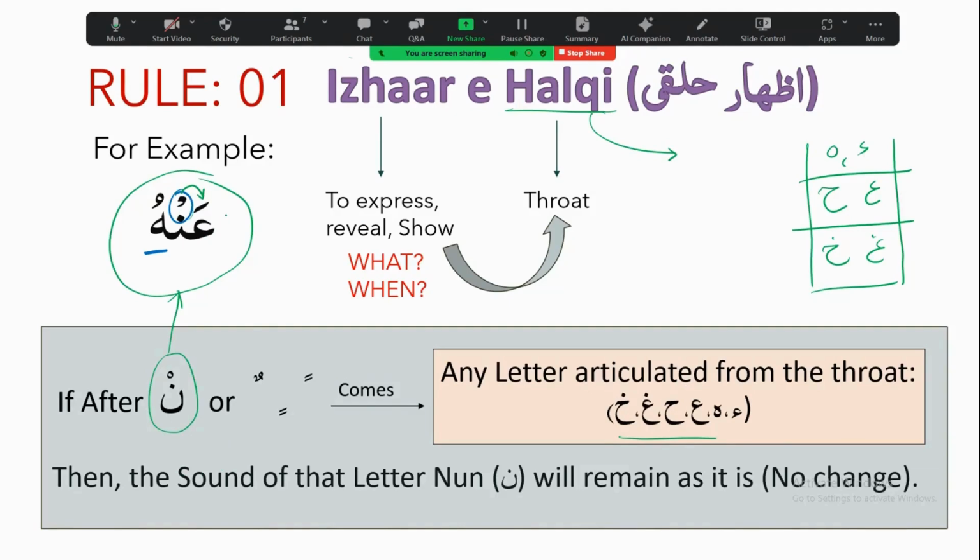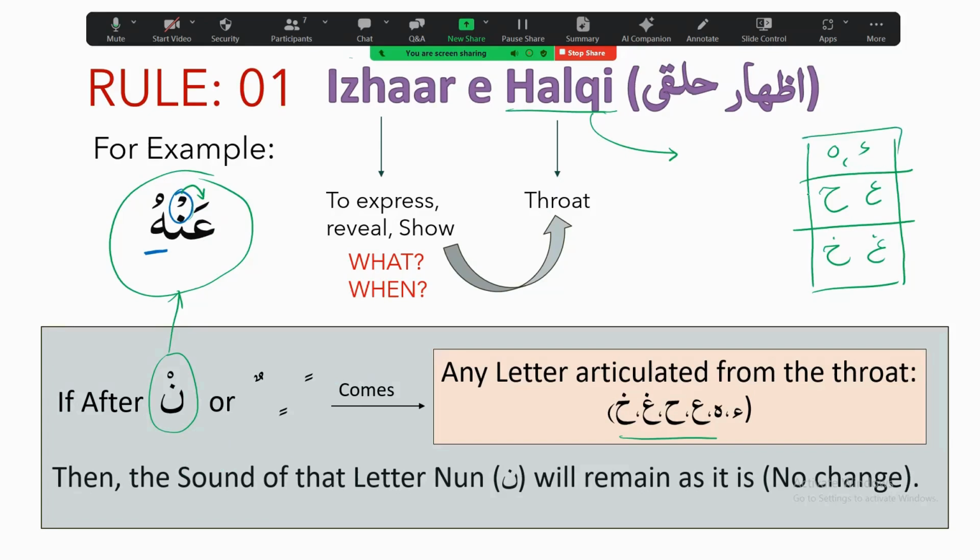And that is why I said this rule is very easy, inshallah. Why? Because for this rule, what you can do, sisters, is just memorize these 6 letters of the throat, which are Hamza, Ha, Ain, Ha, Ghain, Kha. When you are reciting Quran and you see any word which has a noon sakin or tanween written, you will instantly have to see the next letter that comes after it.